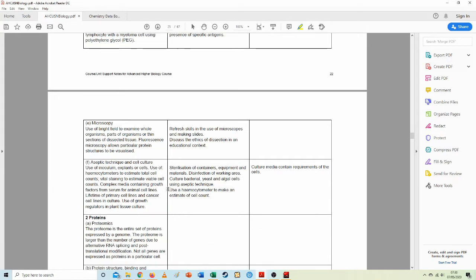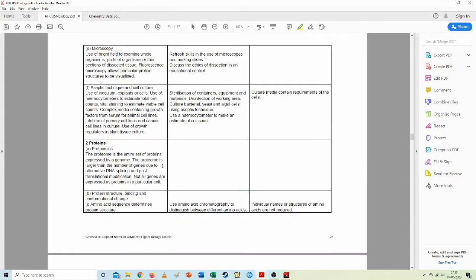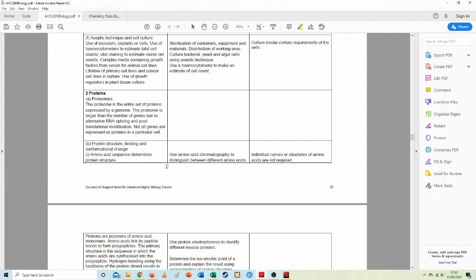So what we are starting on, and why your first lesson was based a little bit on chemistry, is proteins and proteomics. Proteomics is the study of proteins, usually on a fairly large scale. So how these proteins interact with other things, how their conformation changes, what role they play, and how they do their job.